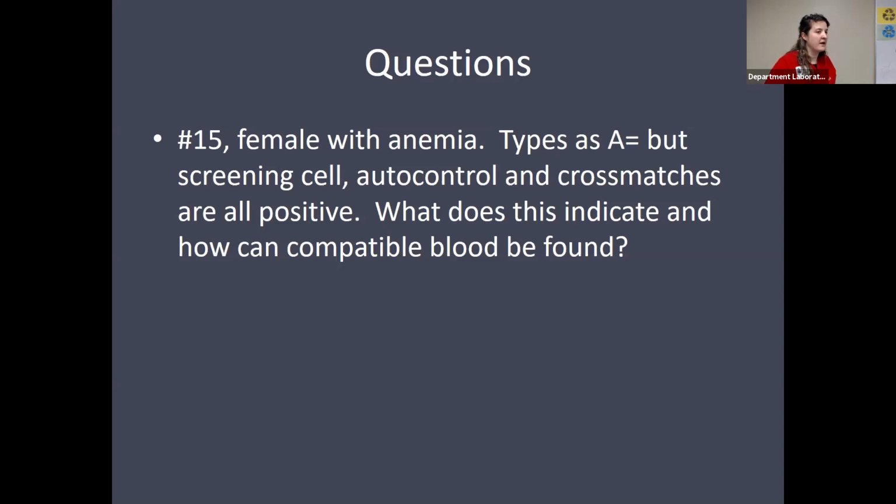What do you guys think about that auto control being positive? It's an auto antibody. So what would need to be done? Remember, saline replacement is for rouleau. How about an auto absorption?